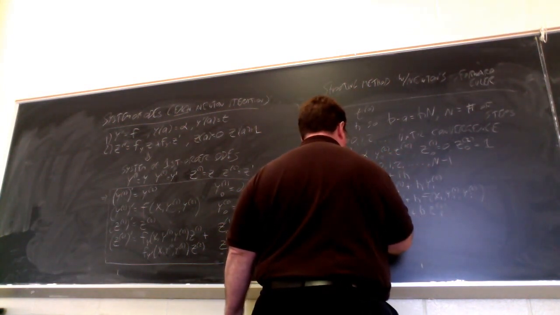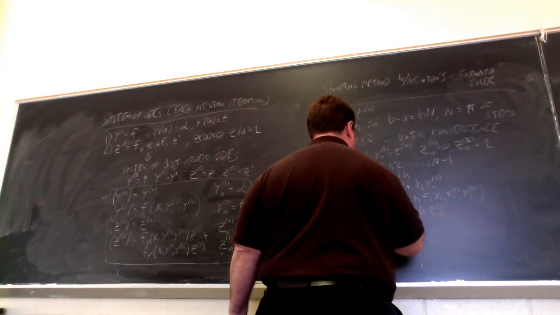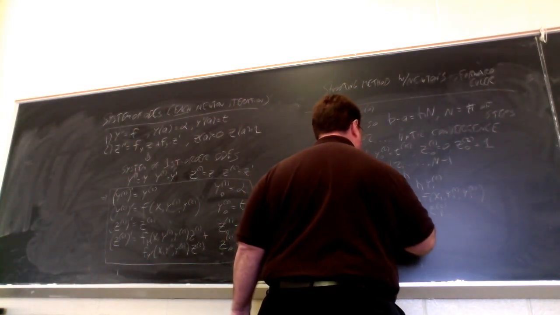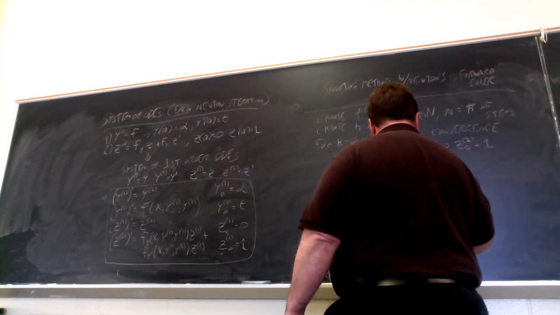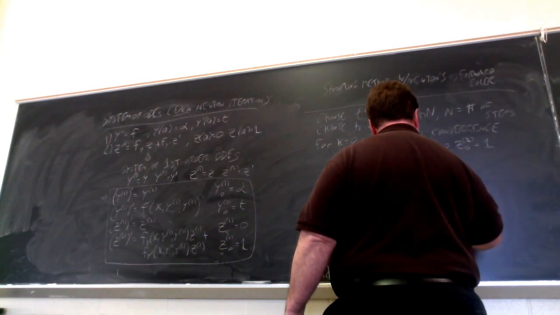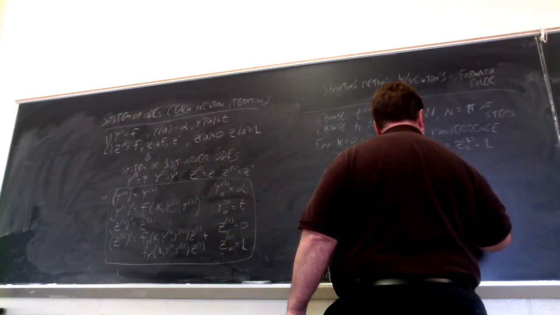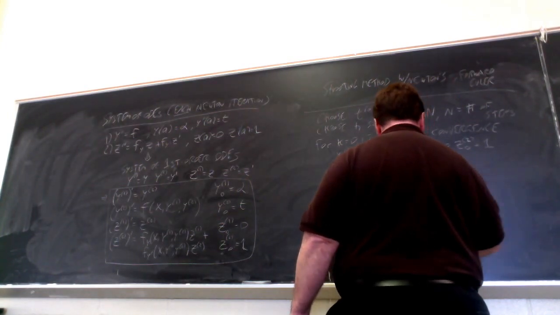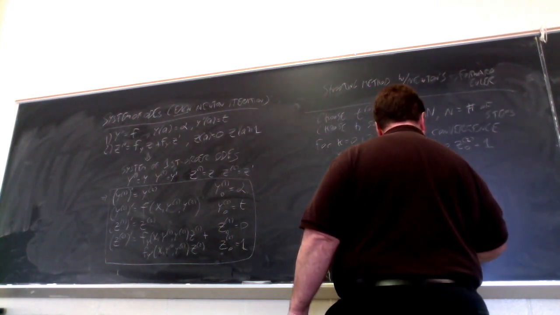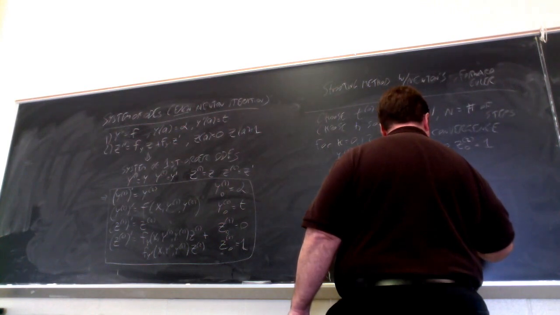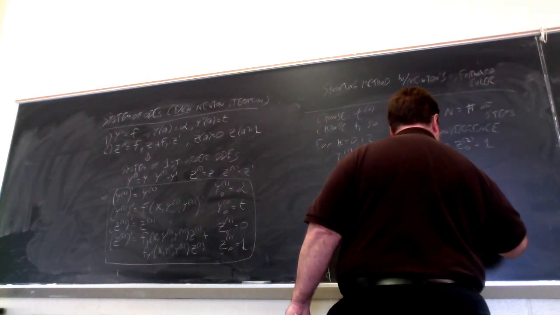And then for my z2 value, I need df/dy of xi, y1, y2 times z1i, plus f_y prime, evaluating the same values, y1i, y2i, times z2i.